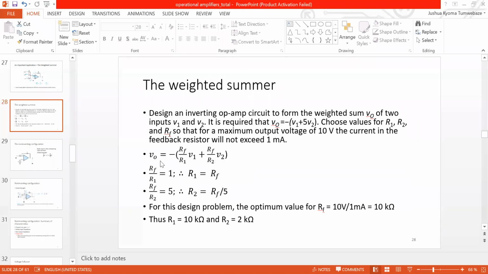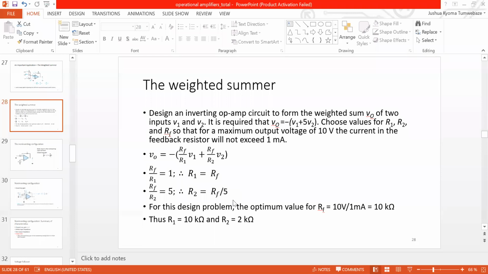Then when I compare this equation for the weighted summer and the equation we've been given, we can see that RF over R1 must be equal to 1, which implies that R1 is equal to RF. Also, RF over R2 is equal to 5. Therefore, R2 must be equal to RF over 5.